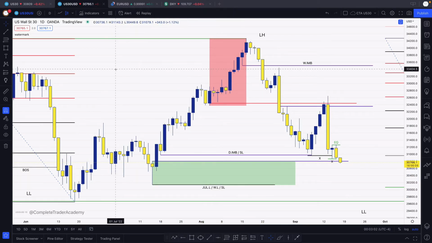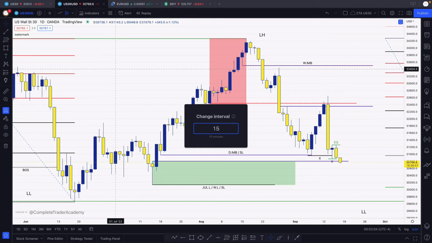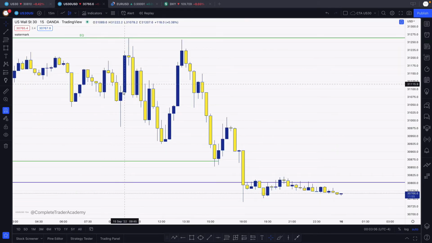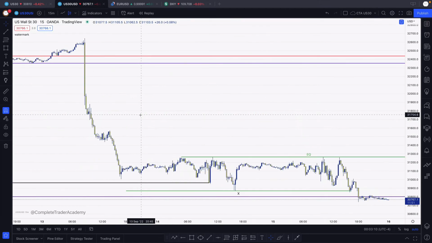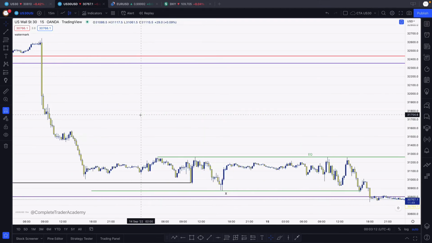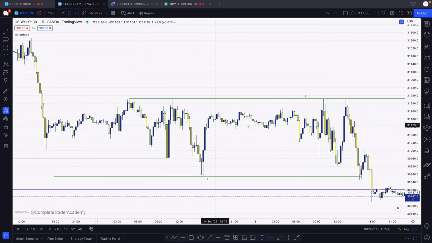As far as me breaking this down on a 15-minute, you'll see today's activity was very sloppy, very sketchy. So we woke up to this today. Price started coming down.